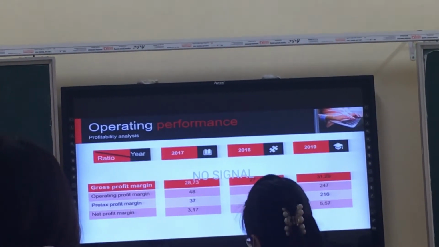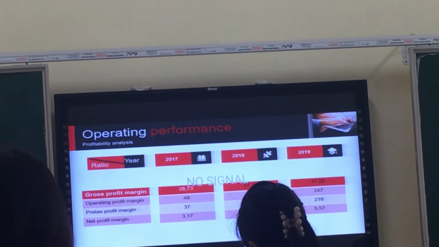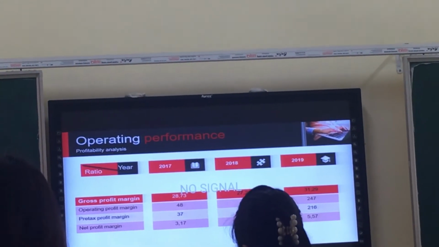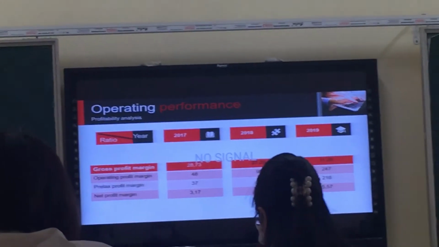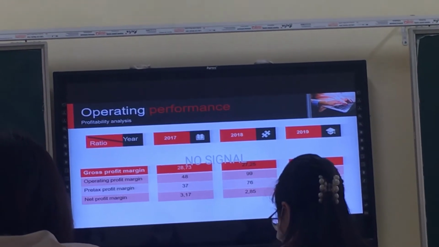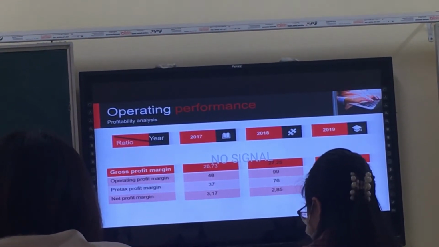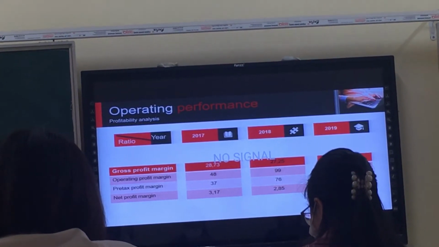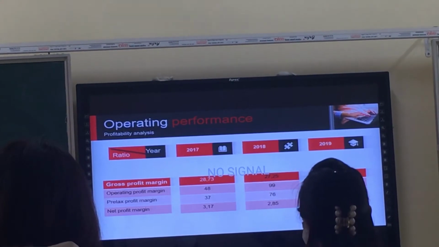And from 2017 to 2019, the first indicator increased, and it means that with 31.9%, after paying all the inventory, we still have around 32% to cover all the operating expenses.